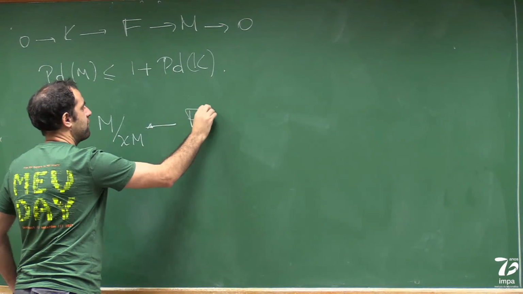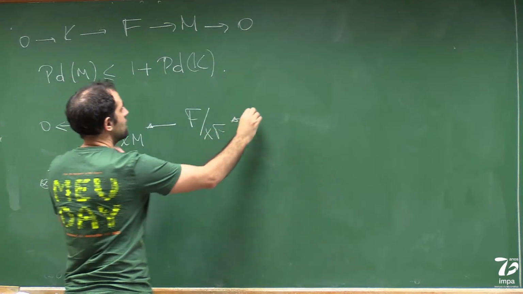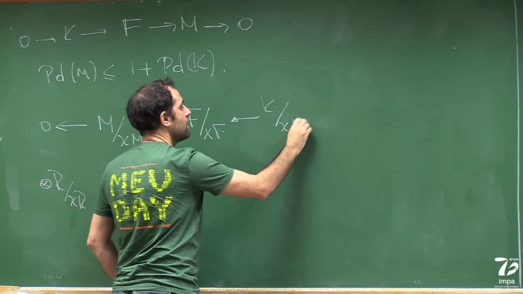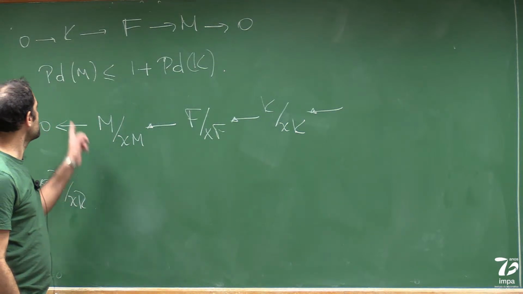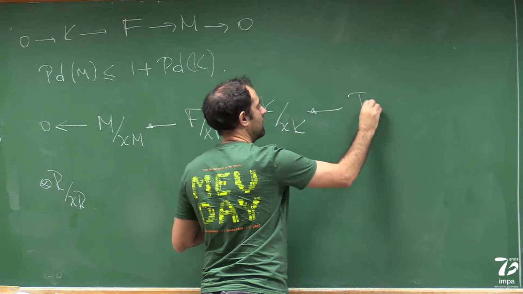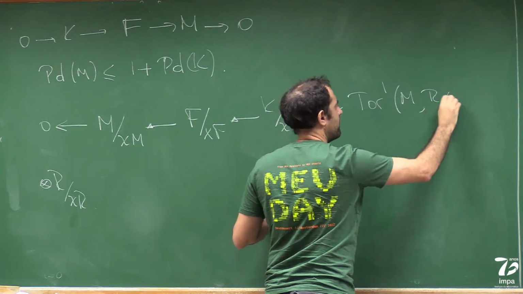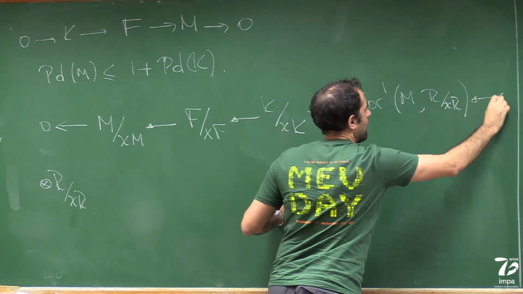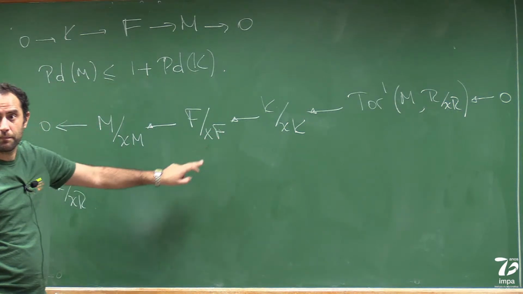So this is F divided by xF, which is still free. This goes to K divided by xK. And this goes to Tor1 of M, R/xR. And this comes from 0 because Tor1 of this guy is 0 because this guy is free.